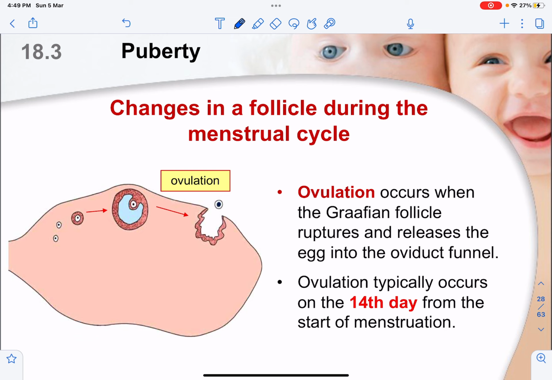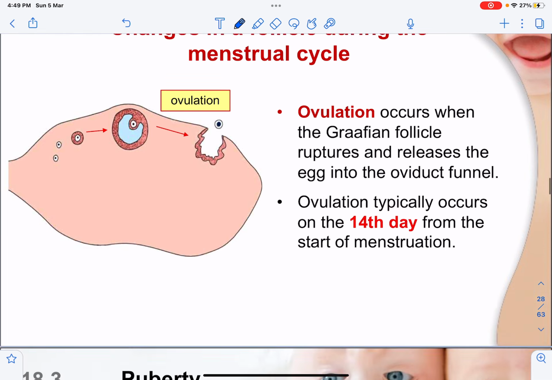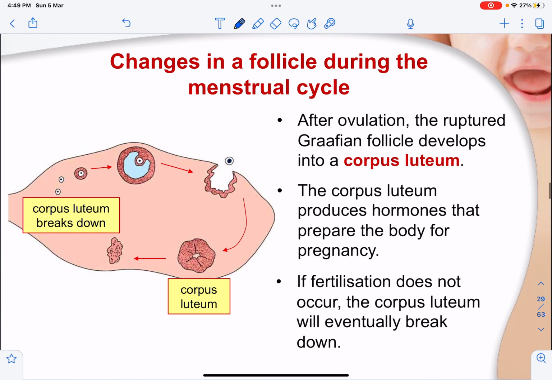This 14th day is just a rule of thumb. Usually you can add or subtract 2 days to calculate the period of ovulation. After ovulation, the ruptured Graafian follicle will develop into a corpus luteum, which produces hormones that prepare the body for pregnancy. If fertilization does not occur, the corpus luteum will eventually break down.